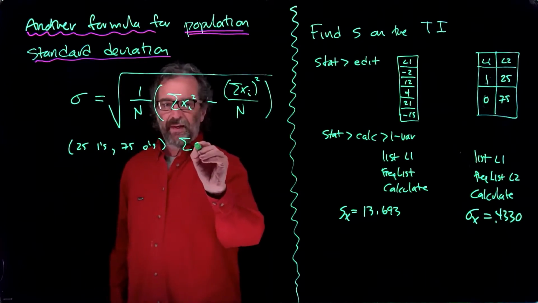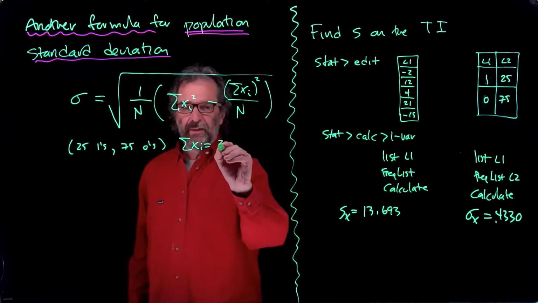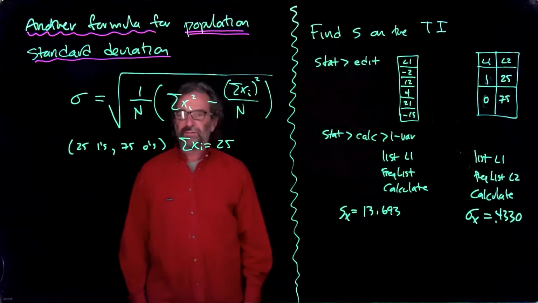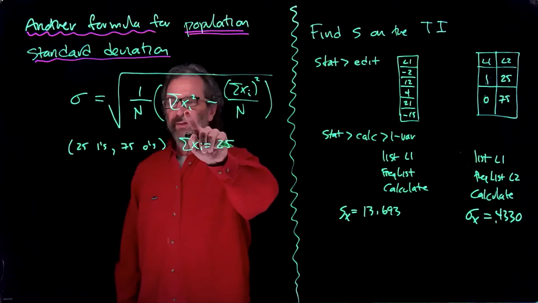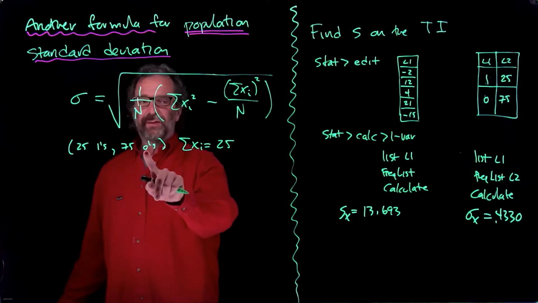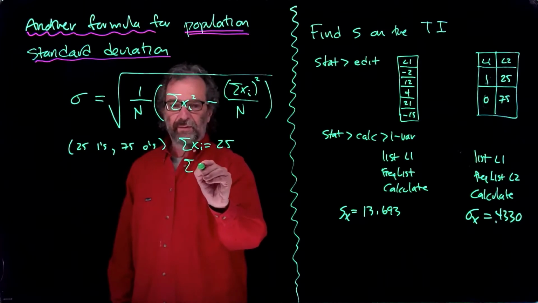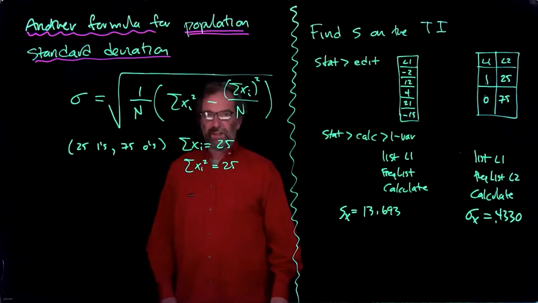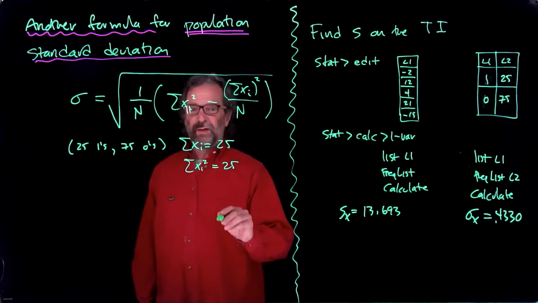So the sum of the x's is 25 ones plus 75 zeros, it'll be just 25. And the sum of the x squareds, the squares are ones and zeros too, because 1 squared is 1 and 0 squared is 0, so the sum of the x squareds is also 25. That's convenient. N is 100.